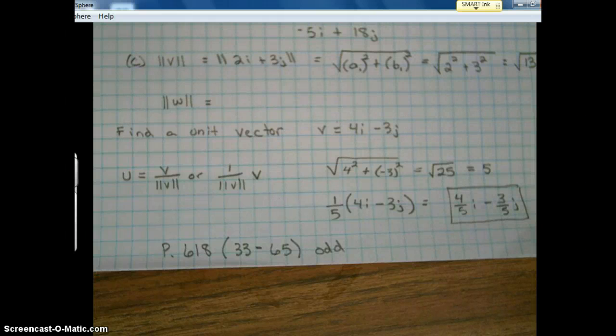So I would like you to study example 6, and then I want you to read through topic 7, which starts right afterwards on page 616. Okay, so read and study 616 and 617 in order to do the part of the assignment that follows 55 to 65. And I want to see some notes on these 2 pages.